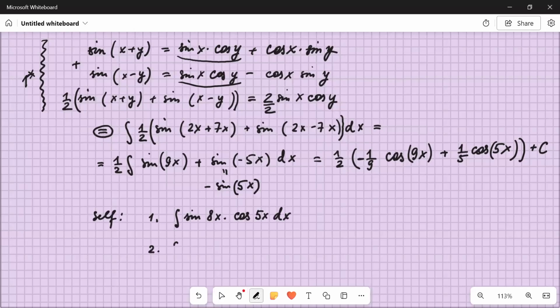Example number 2: integral from 0 to 2 of sine of 2 pi x by cosine of 5 pi x dx. This one is a definite integral, it has limits, so your final answer is going to be just a number. Okay, so that's going to be all about section 2, which was a long section, right?